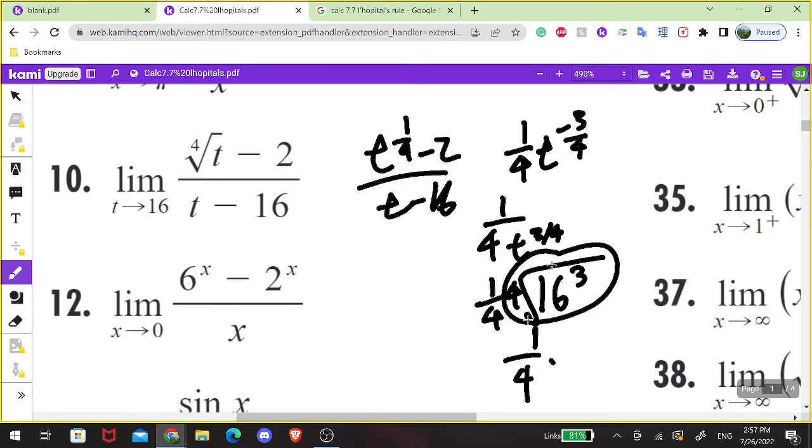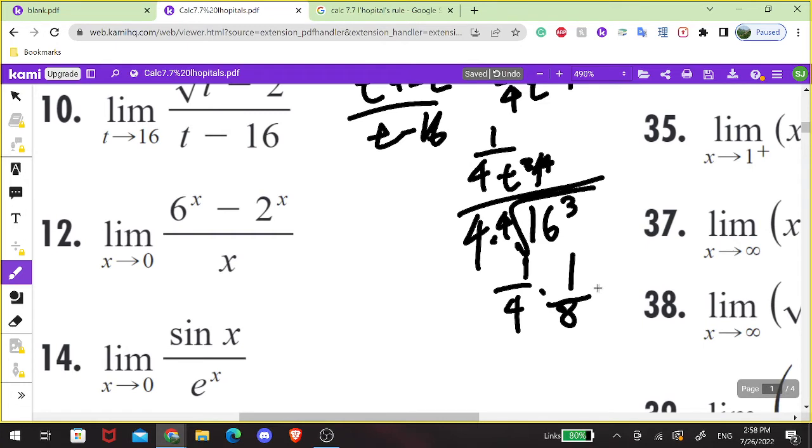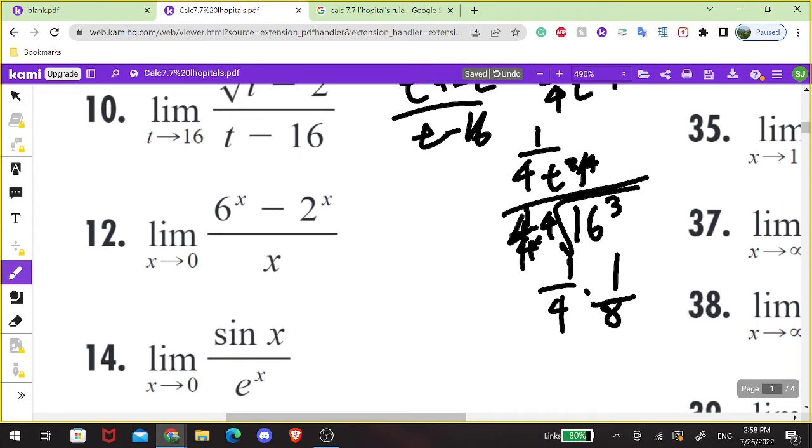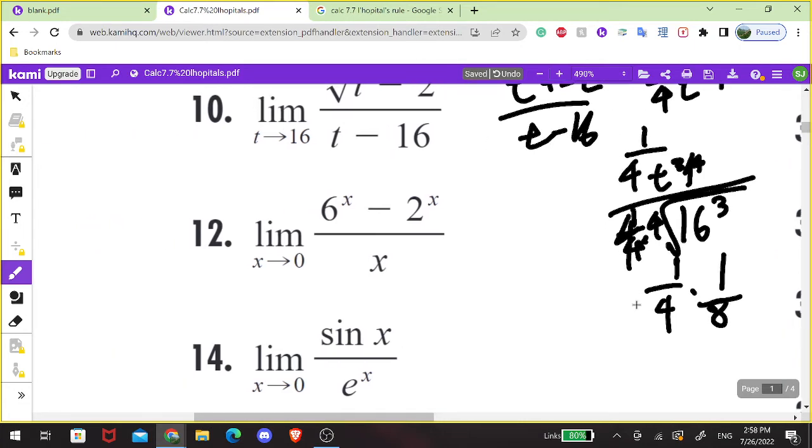This 8 will be on the bottom, by the way, because it's negative 3/4 on top, so it will be 1/8. I should have written it like this: 1/4 times 1/8. 4 times 8 is 32. So the answer is 1/32. Yep.